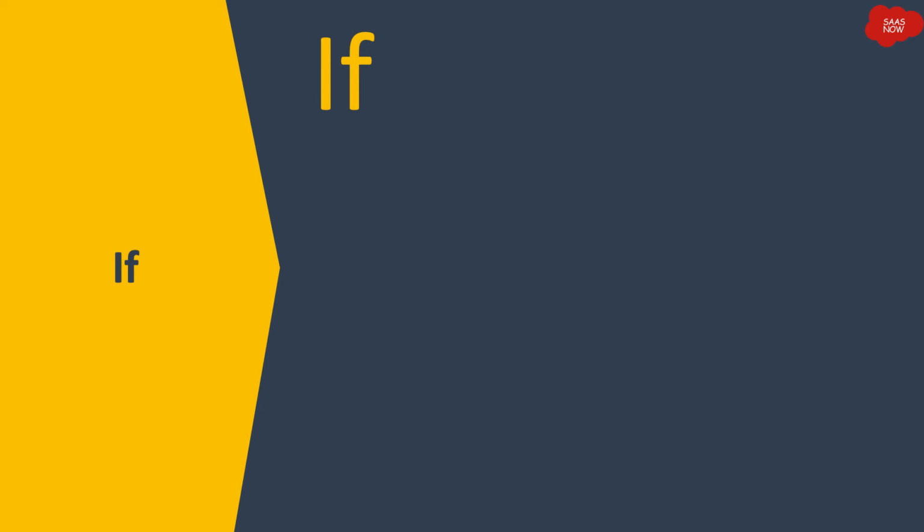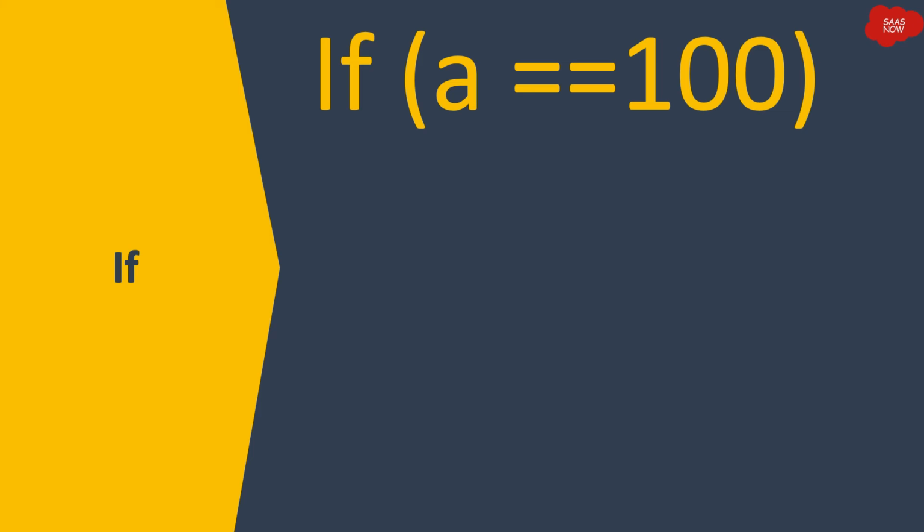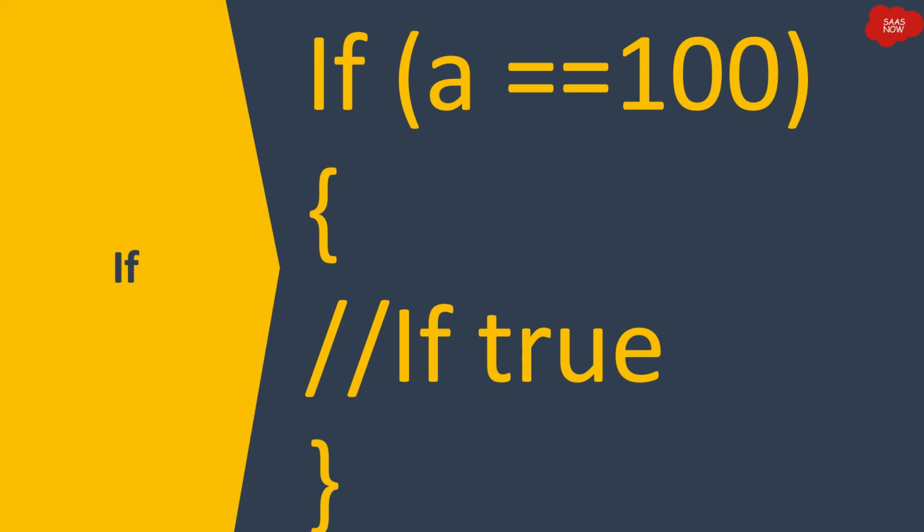The syntax for an if condition starts with the if keyword. Then you put the condition in parentheses, like a equal to 100. Then you put code between curly brackets, to execute the code if the condition is true. So if a is really equal to 100, then you can just run that code.